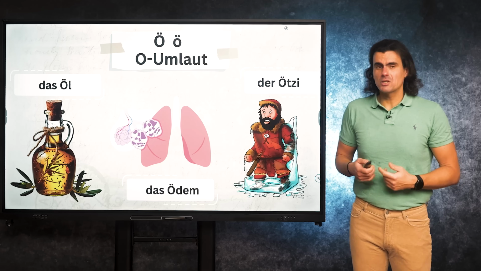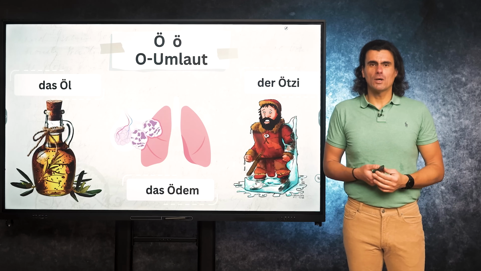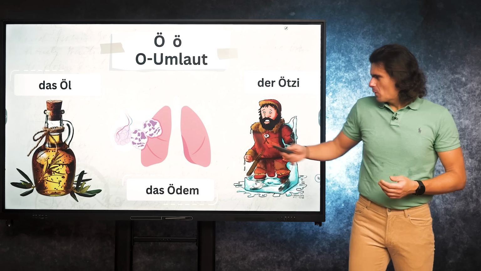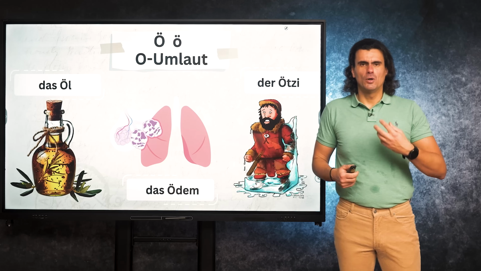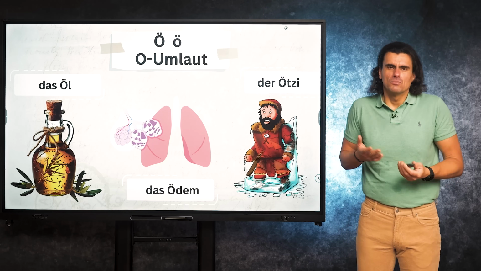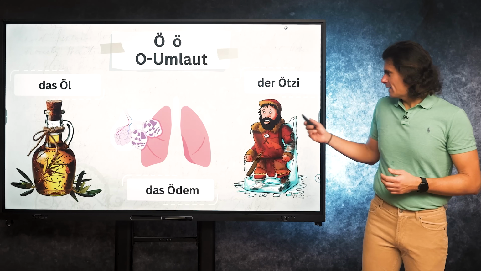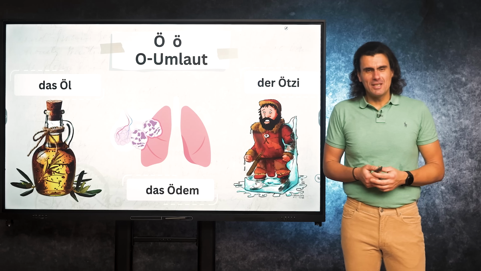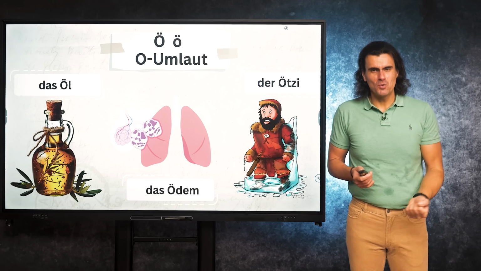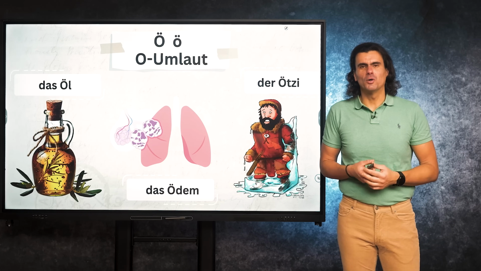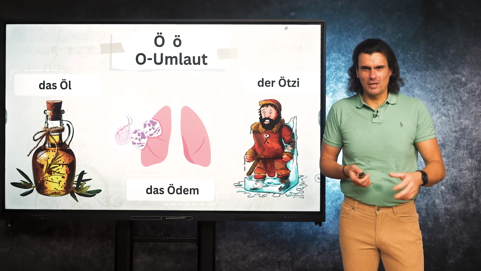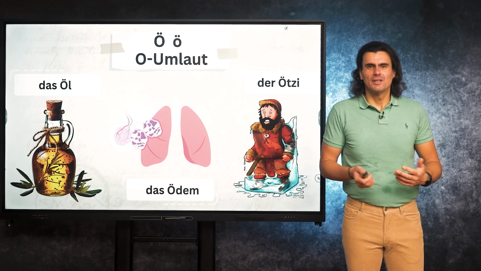For instance, das Öl, which is the oil, oder das Ödem. Ödem refers to water accumulations, for instance, in the lungs in this example. Und der Ötzi. Der Ötzi is a frozen dead body which they found in a region of Austria which was called Ötztal.